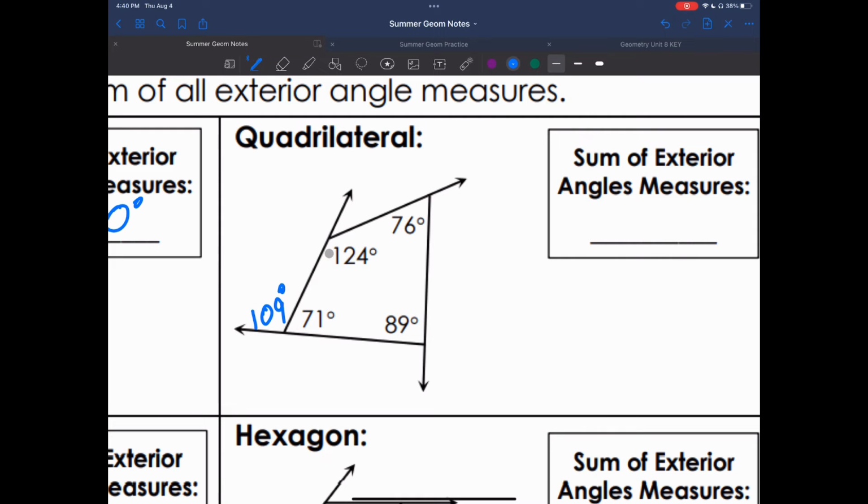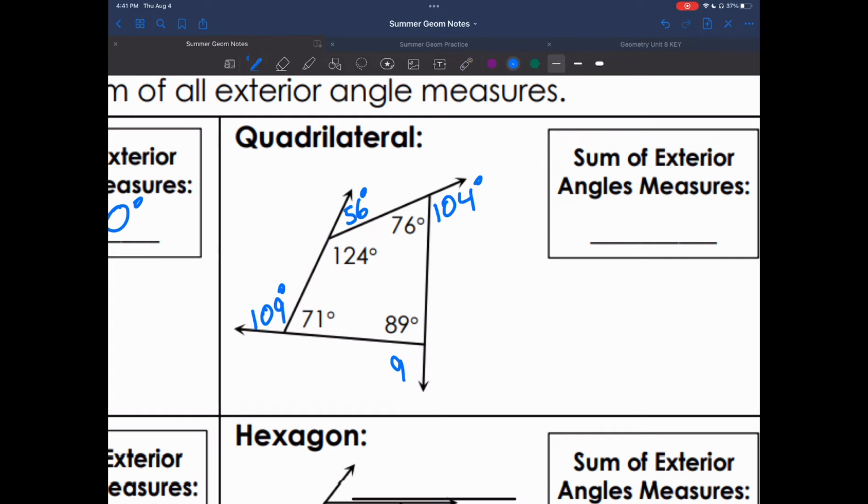Let's do 180 minus 124. That's going to give us 56 degrees. Keep going with that if you want to pause this and then check it. So then we've got 180 minus 76 degrees. We got 104. And then over here, 180 minus 89 degrees. That's going to give me 91 degrees.